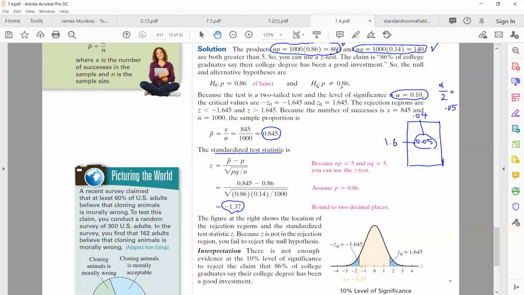It's outside the rejection region, so you fail to reject the null hypothesis. You can interpret it this way: there is not enough evidence at the 10% level of significance to reject the claim that 86% of college graduates say their college degree has been a good investment.